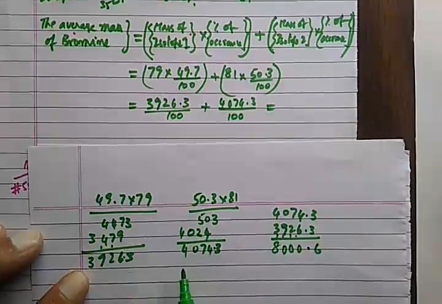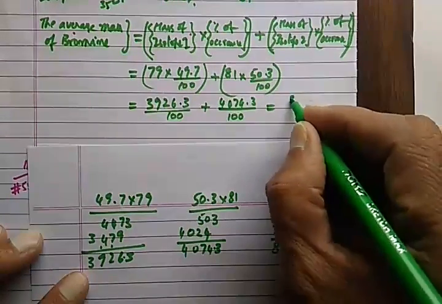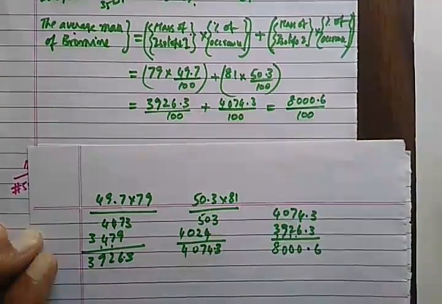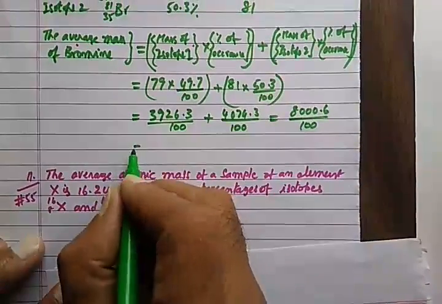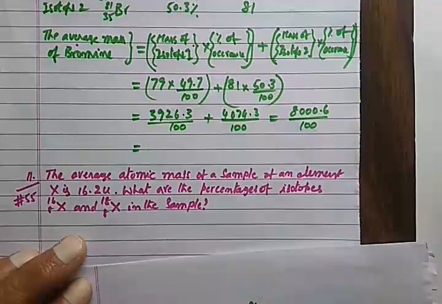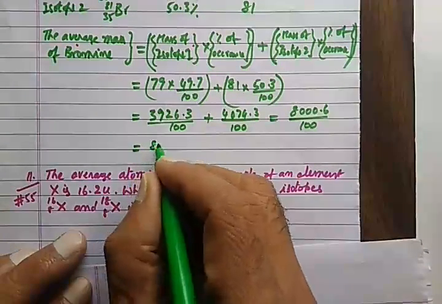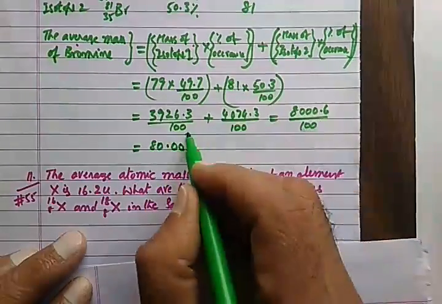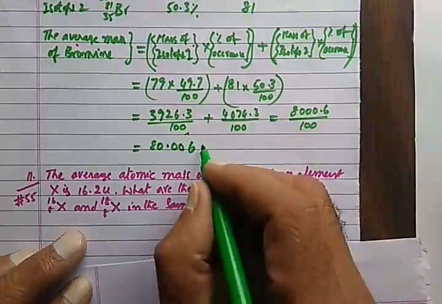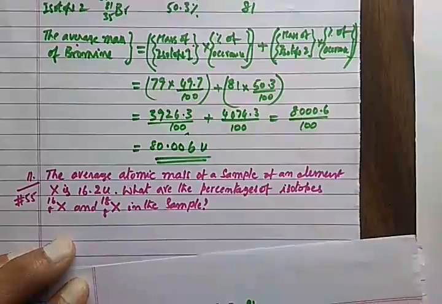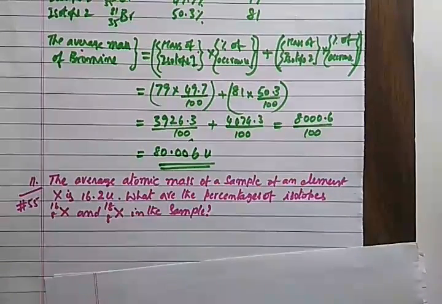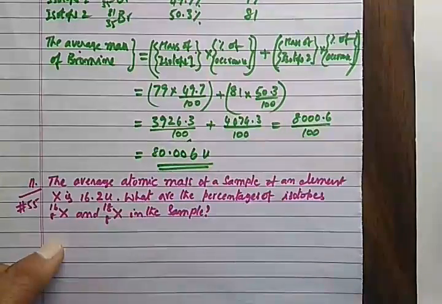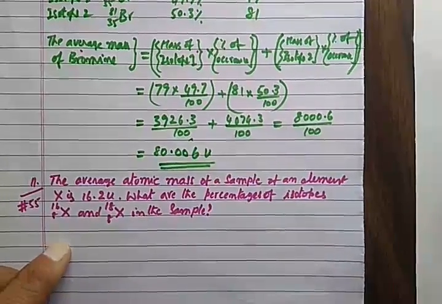If you add these two, you will get 8000.6 by 100. Then it is 80.006 U. So this is the answer. This way you have to calculate. You have to take the average and then this much calculation you have to do.